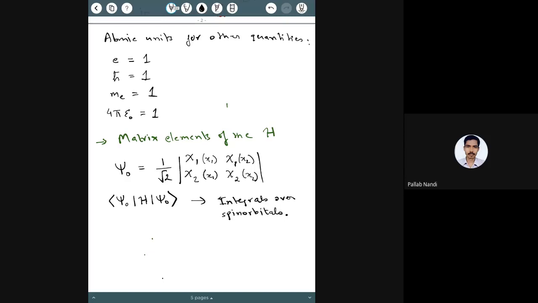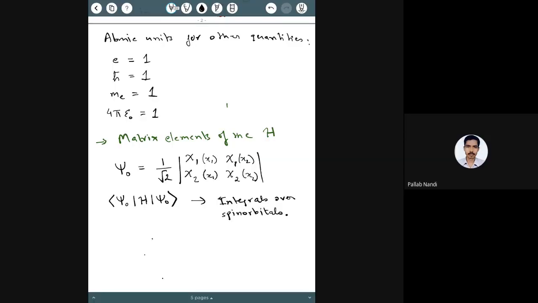Now, evaluating matrix elements of determinants is quite cumbersome, both numerically and even if you try to do it by hand. But we'll see that there are certain very simple simplifications which help us reduce it to simple evaluations, and this is what is called Slater's rules. Okay, we will do the 2 electron case and generalize it for the n electron case.